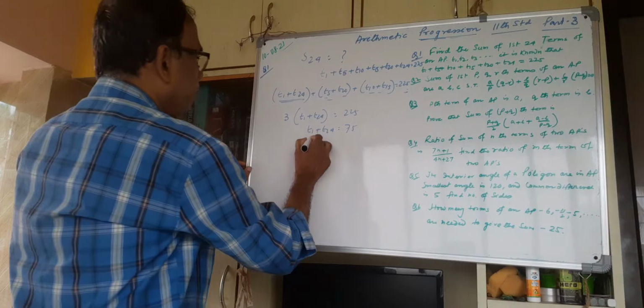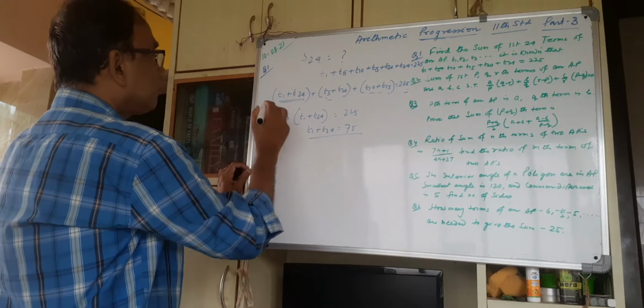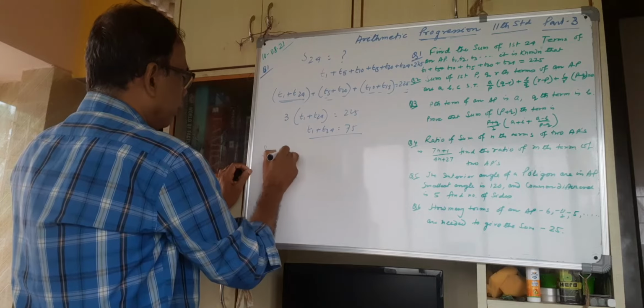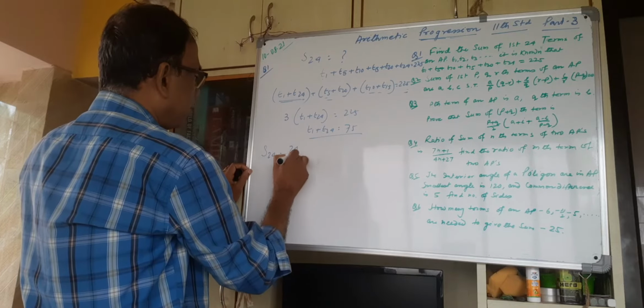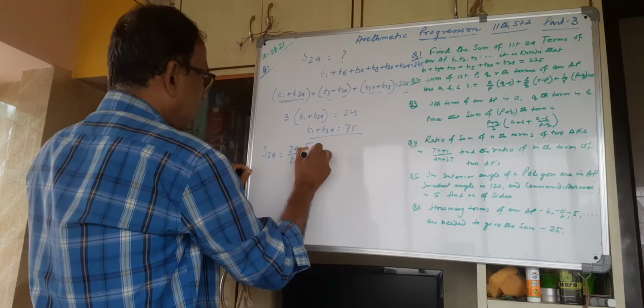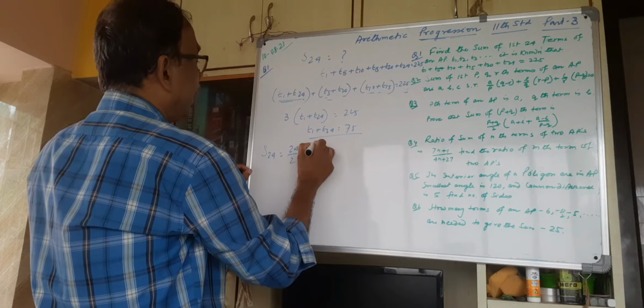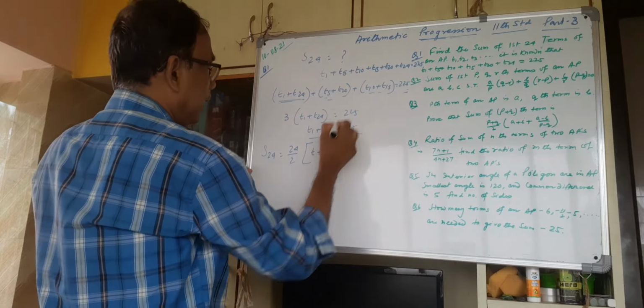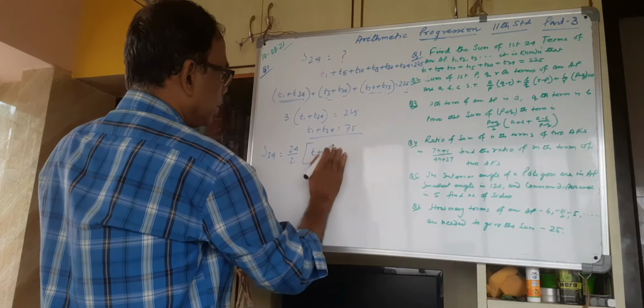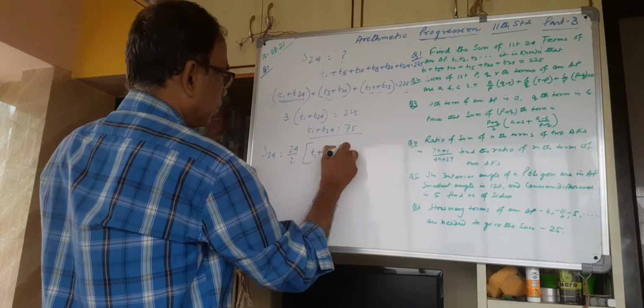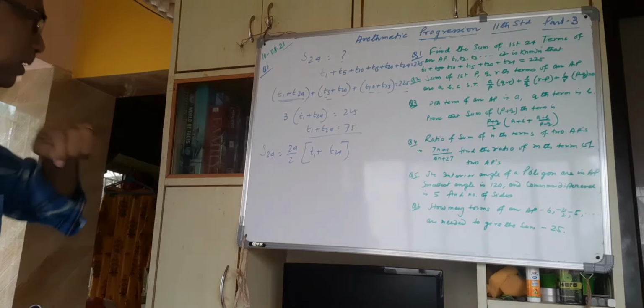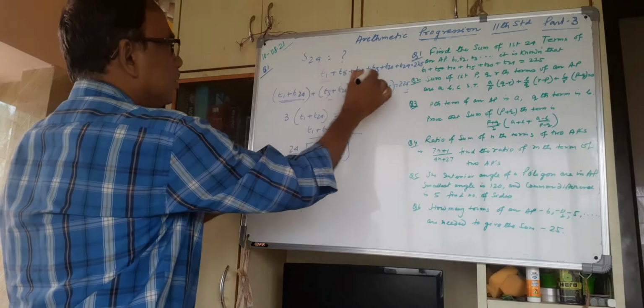Now we have to find S24, which equals 24 by 2 times (A plus L). A is T1 and L is T24, the first term and the last term.